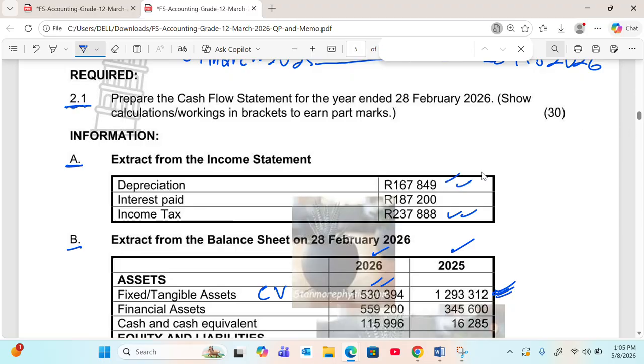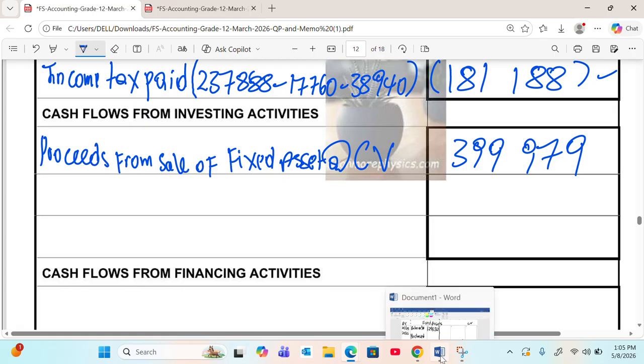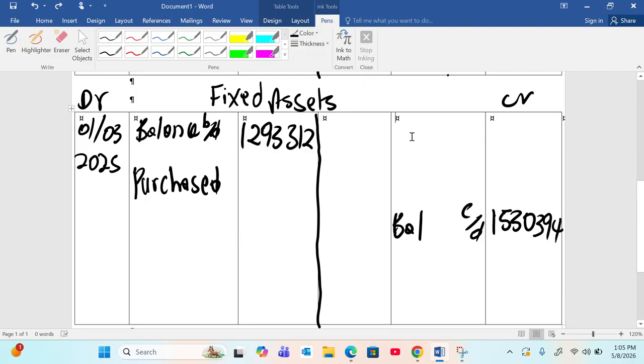Here is the current year's depreciation from the income statement, 167,849. We go and decrease our fixed assets by the depreciation amount. So the depreciation amount is 167,849.